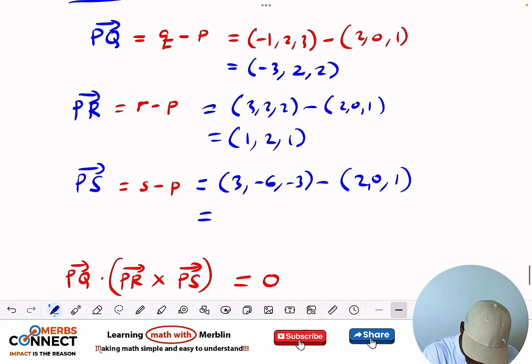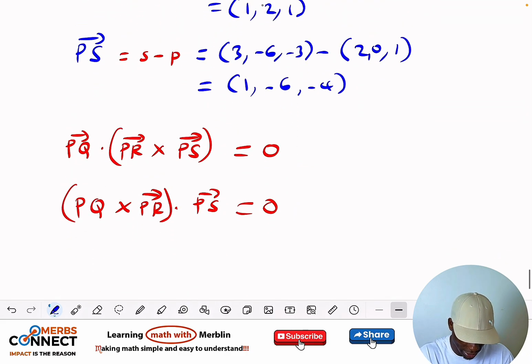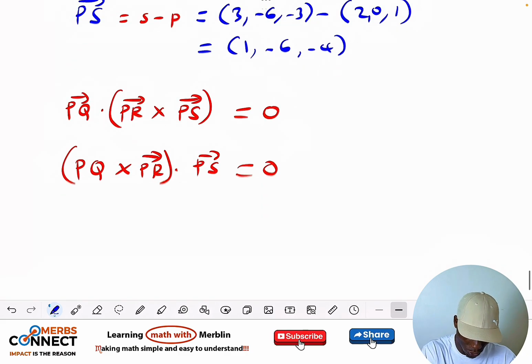So 3 minus 2 is 1. Minus 6 minus 0 is minus 6. Minus 3 minus 1 is minus 4. So these are the vectors that we are going to get. Now let's try and see if we are going to get them to be 0.